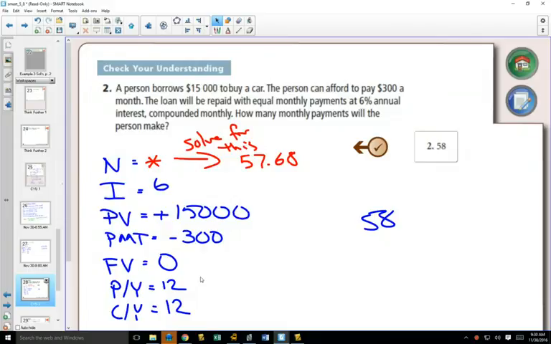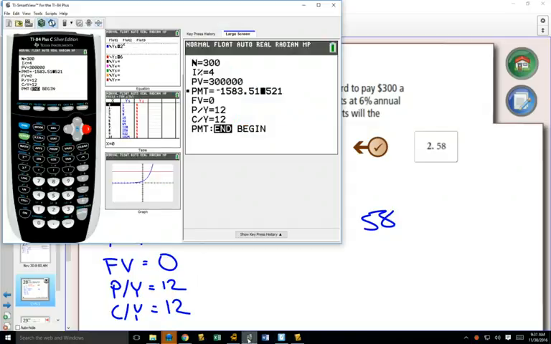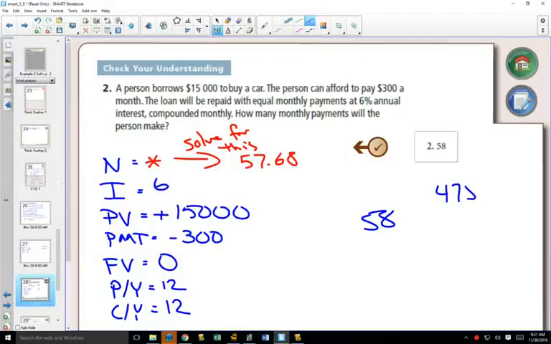So if I times this by 300, 475,000. I think that's even a little bit more than it was before.